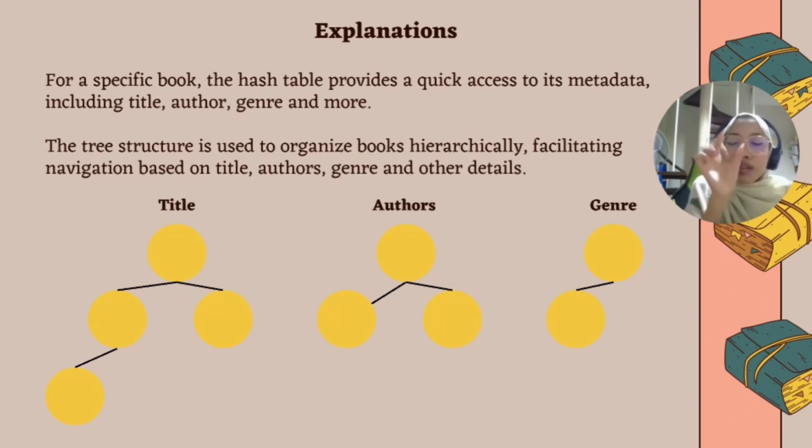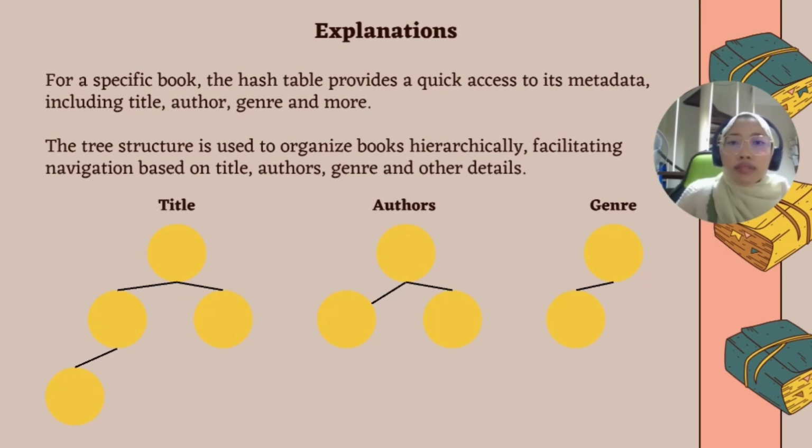And it goes down there. It could be a reference book for biology, or a reference book for physics, or a reference book for any subject that you say. And the same goes for the author as well. The author itself has a lot of publishers, and it goes for genre. So this one is for the tree structure.